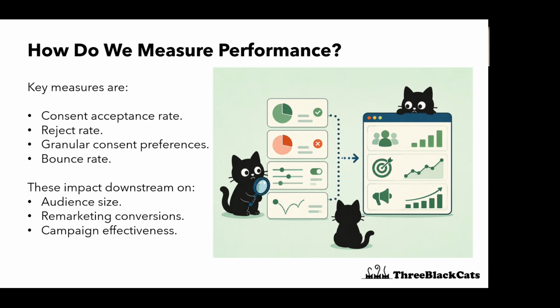So we might think about, do we want our banner to enable that global privacy control for all countries and honour them? Or do we only want it to do it for the countries where it's mandated?